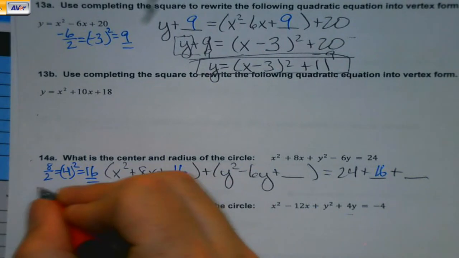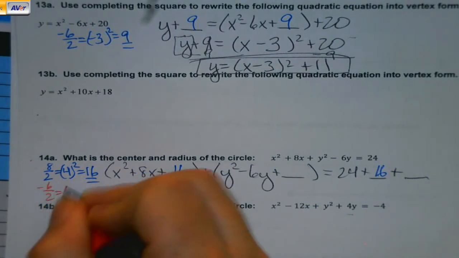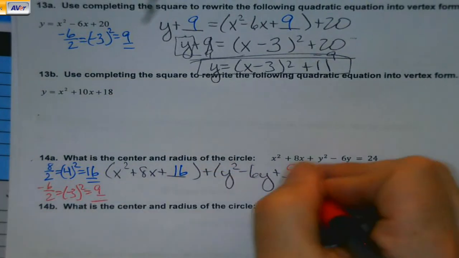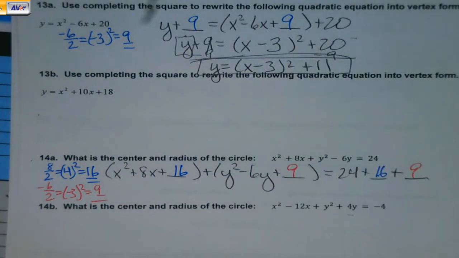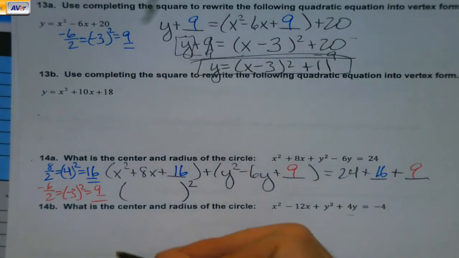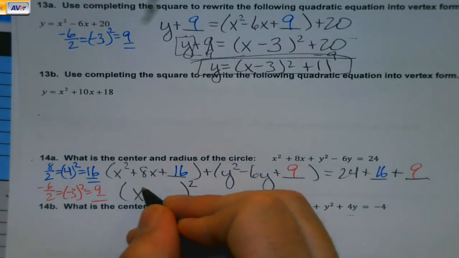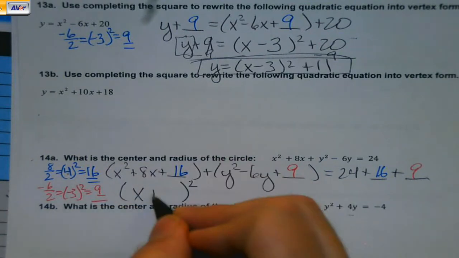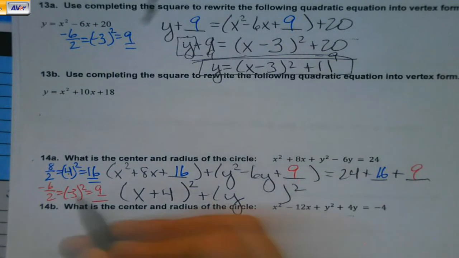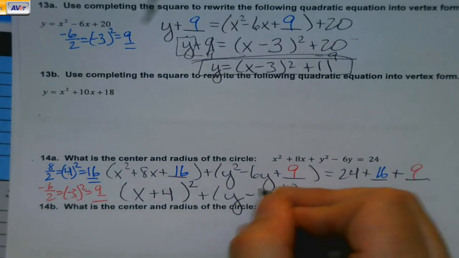My y's, same thing. Have b and square it. Your squared will always come out positive. X, positive 4. Y, negative 3.